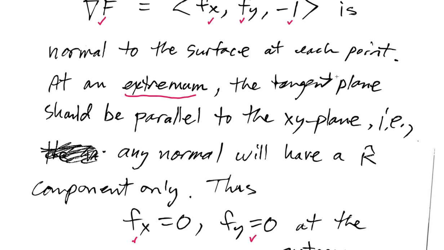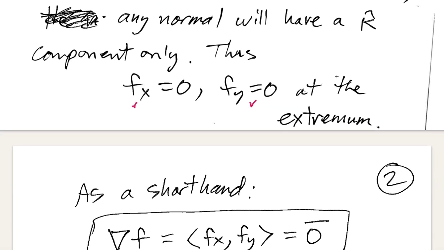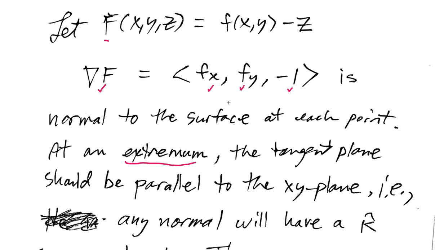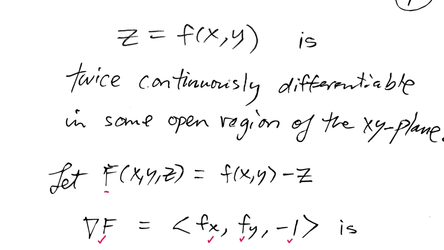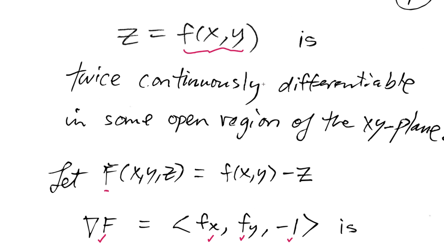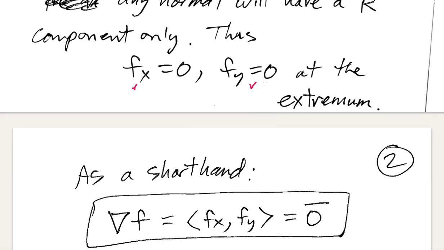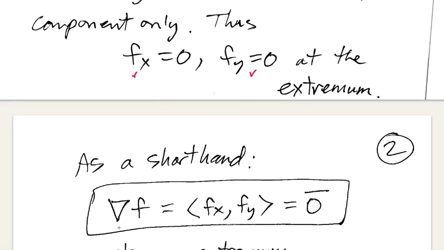As expected. As a shorthand, notice that the gradient of little f, come up here to my original. I was originally just dealing with little f, and said z is equal to little f, and then introduced this cap F thing. But let's go back to little f now. The gradient of little f would be f sub x, comma, f sub y, in angled brackets.